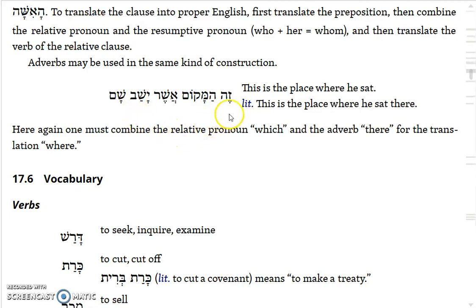And again, it's very clumsy English. This is a place which he sat there. And you'd want to reword that to what it actually means. This is a place where he sat. But again, that's the kind of construction you often get.